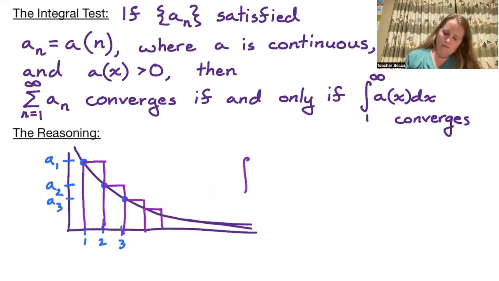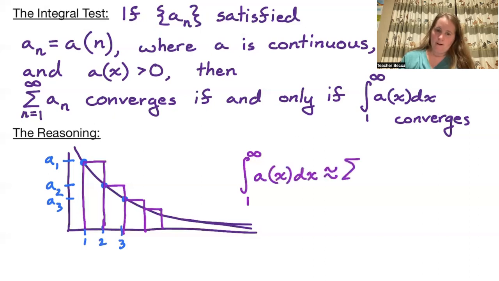So the definite integral from 1 to infinity of a of x dx is approximately the sum from n equals 1 to infinity of the height of the rectangle, which is a sub n, times the width of the rectangle, which is 1, right?